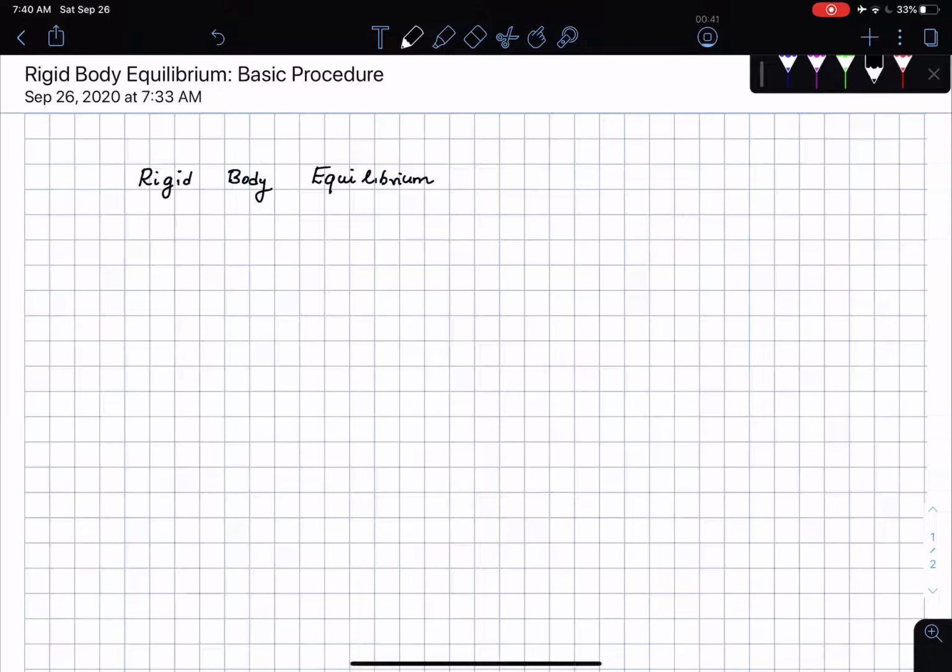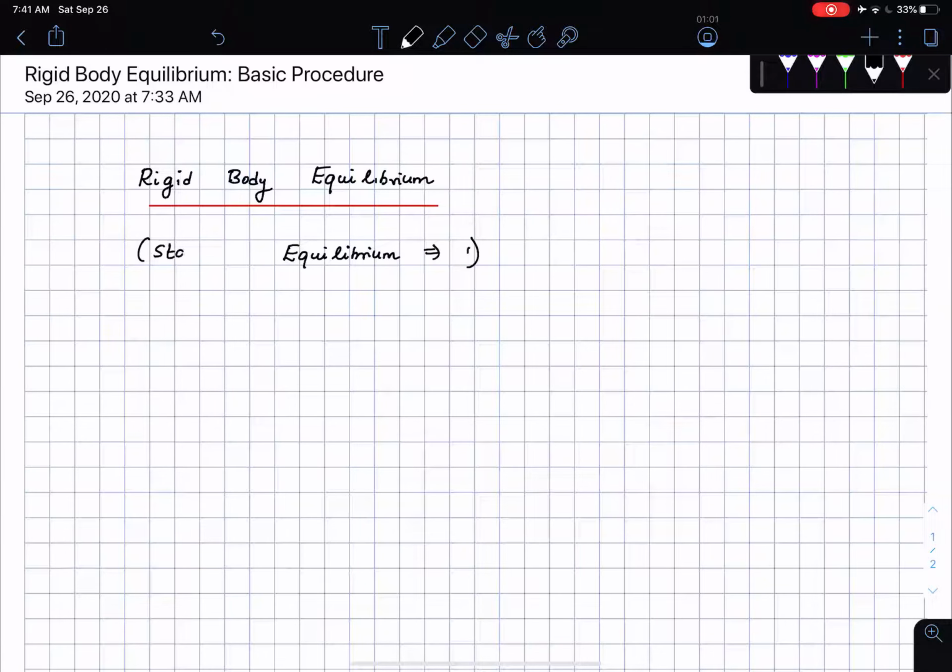All right. So, what is the concept of equilibrium? Equilibrium implies the following. When we say equilibrium, we mean static equilibrium.